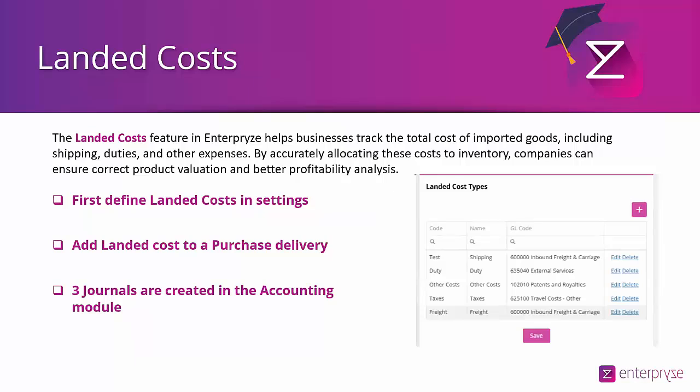Now we're going to look at landed costs. This gives you the ability to track the total cost of the goods that you have brought in, for example any imported goods or services, to include any of the shipping, duties, or other expenses whose true cost is only confirmed or recognized at the time when the goods have landed with you.